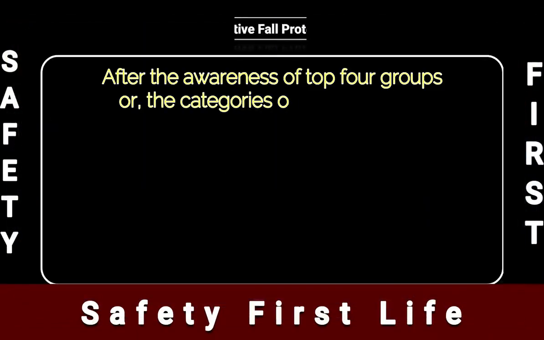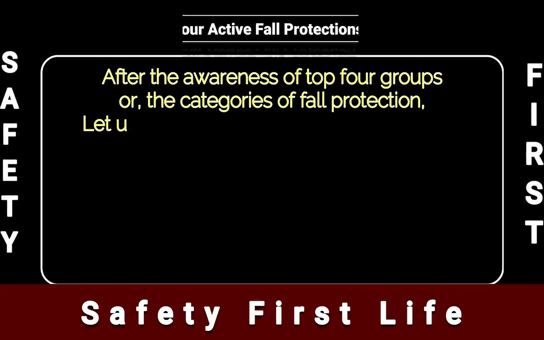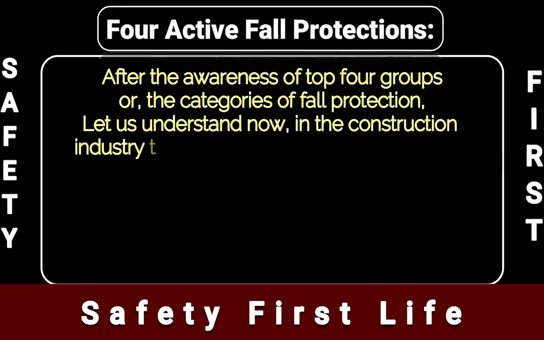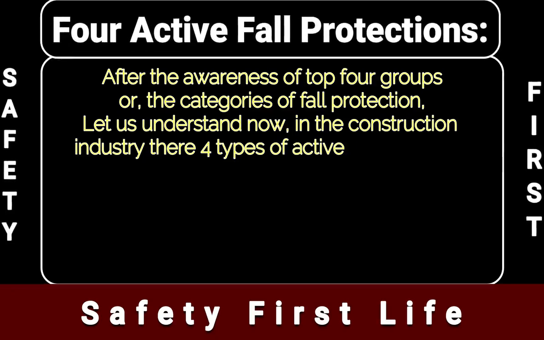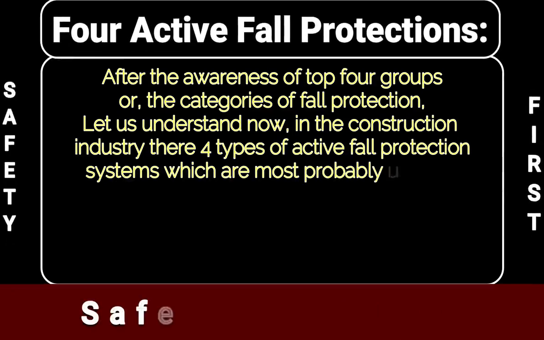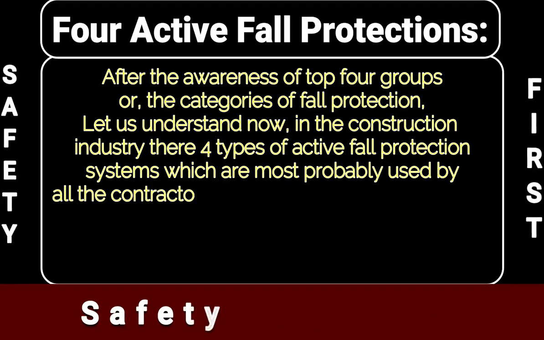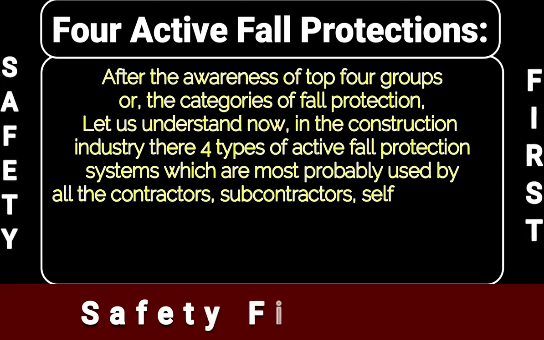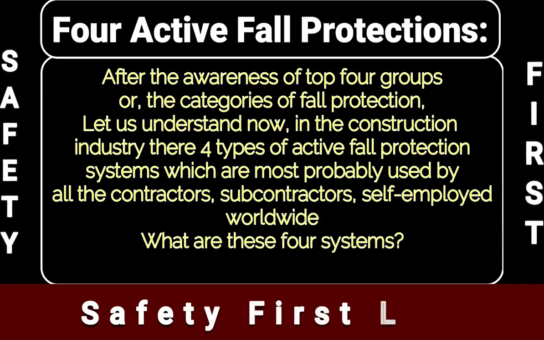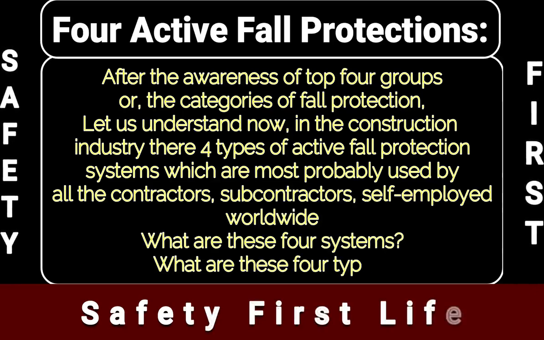After the awareness of the top four groups or categories of fall protection, let us understand now that in the construction industry there are four types of active fall protection systems, which are most probably used by all the contractors, subcontractors, and self-employed worldwide.